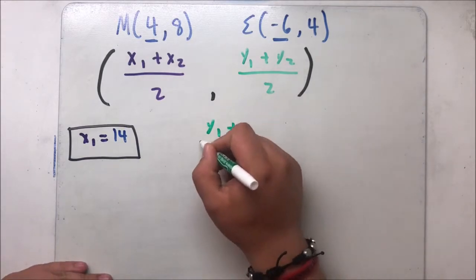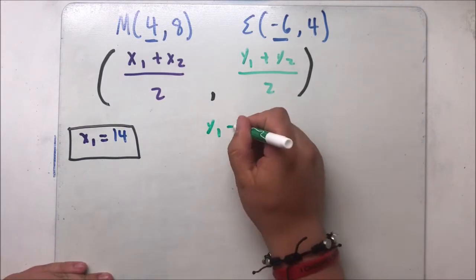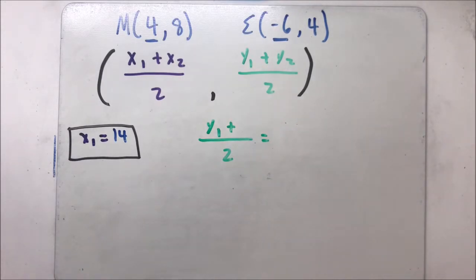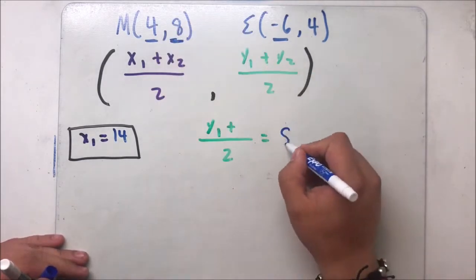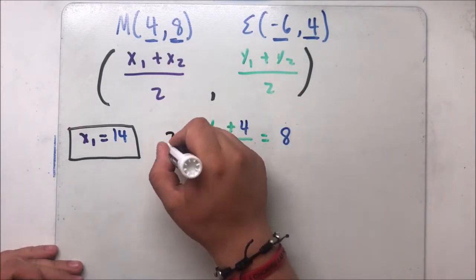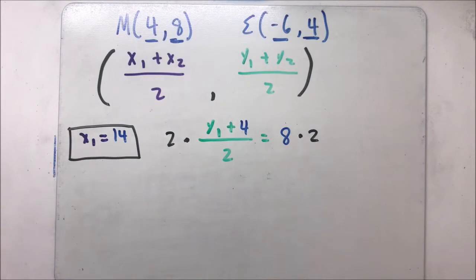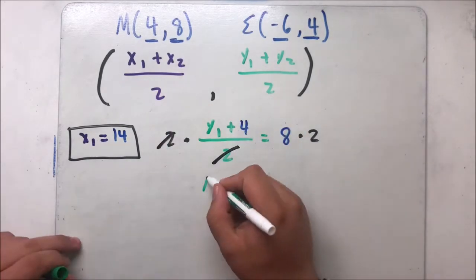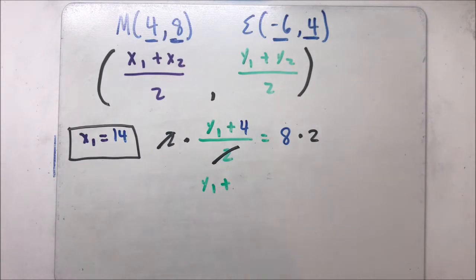Now we're going to be solving for y. Because we already have our midpoint, we know that this is going to equal 8 and that y2 is 4. We multiply 2 by both sides to get rid of the fraction, and you should be left with y1 plus 4 equals 16.